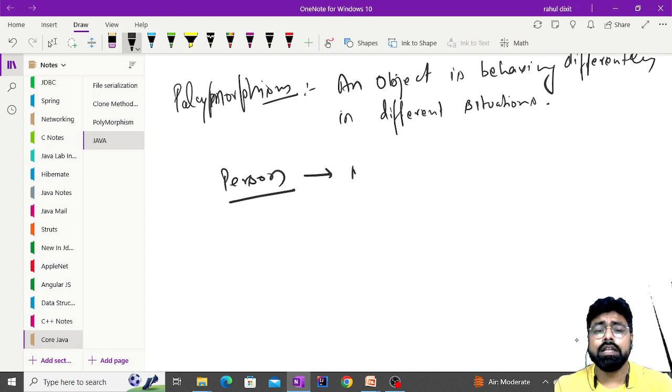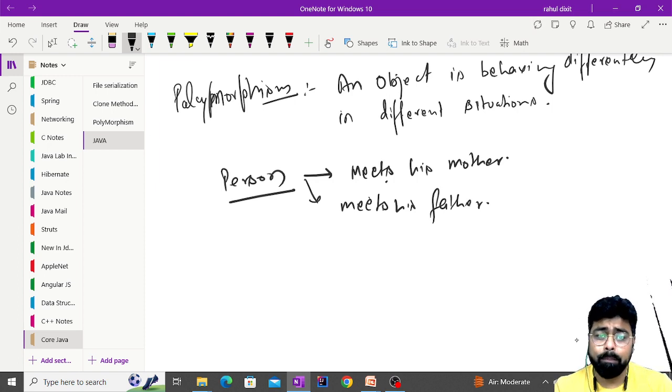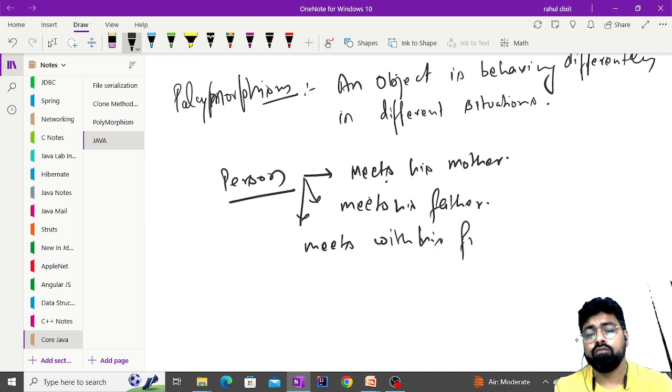If the person is meeting his mother, the behavior of that person changes. If the same person is meeting his father, the characteristics of that person change again. If the same person meets his friends, the behavior changes again.